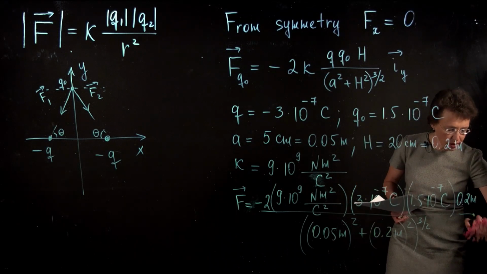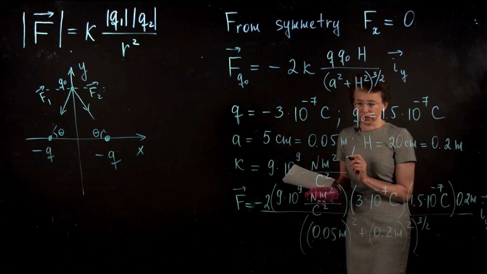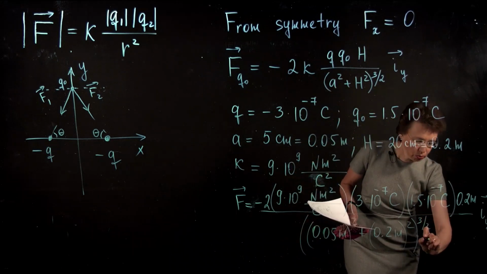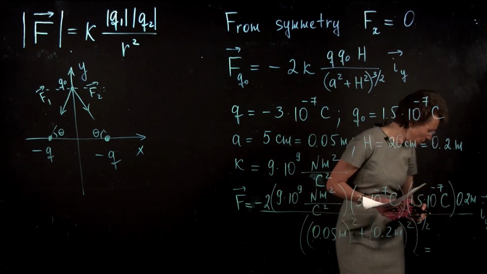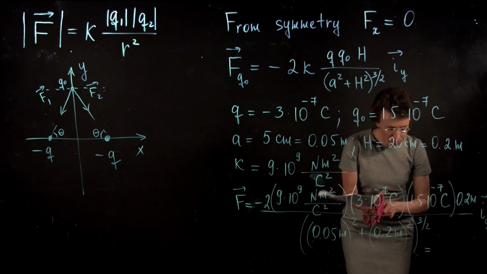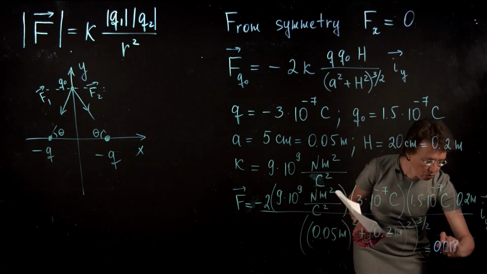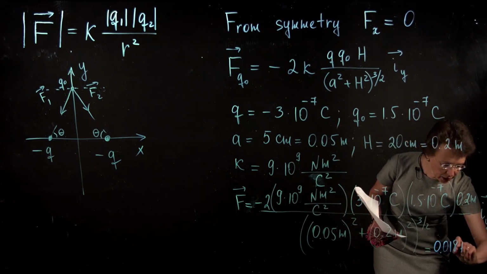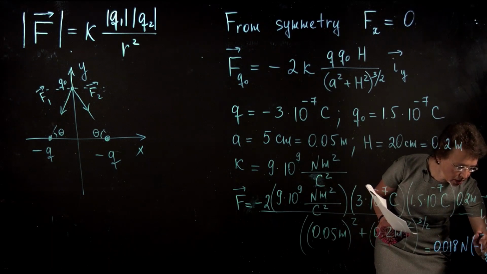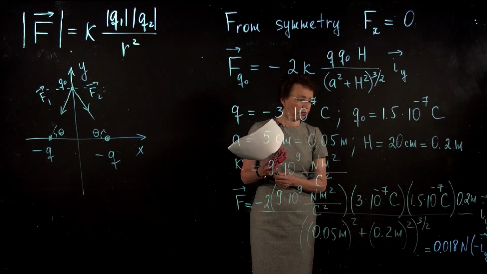I have minus in front, so I put just iy here. And if I calculate this number, what I will get will be 0.018 newtons, and it will be in the minus iy direction. So we did it.